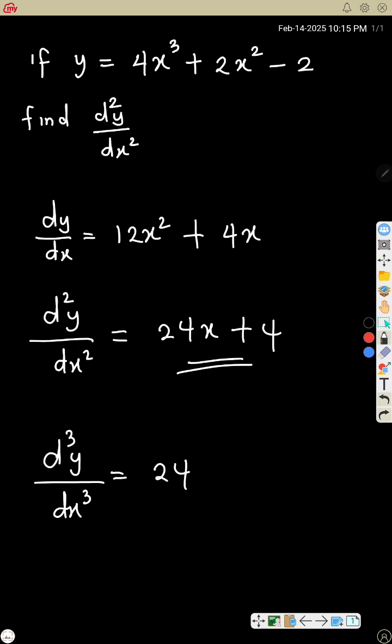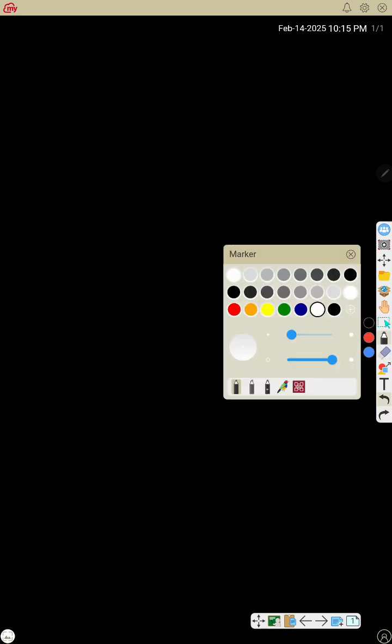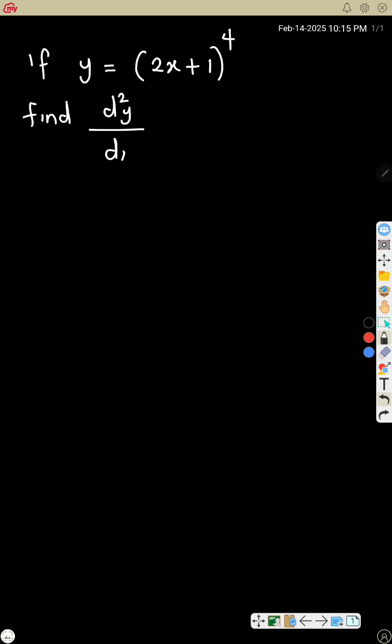So that's it. If I have another one: if y is equal to 2x plus 1 raised to power 4, find d²y over dx².